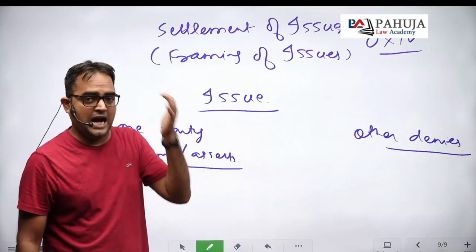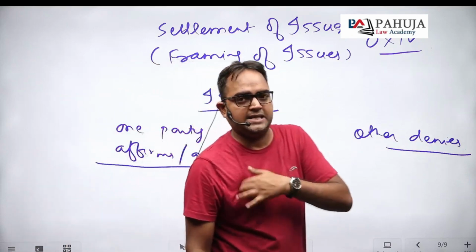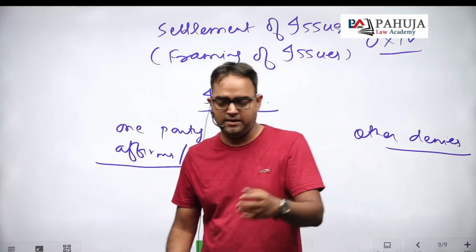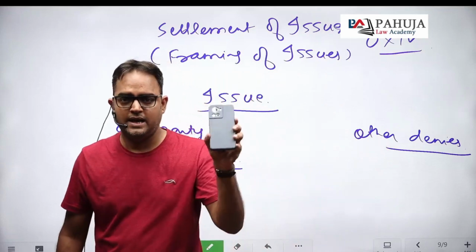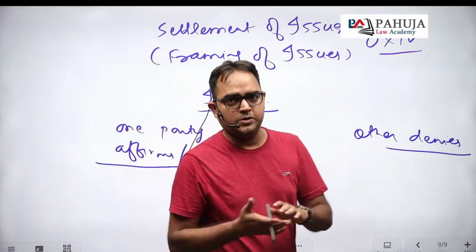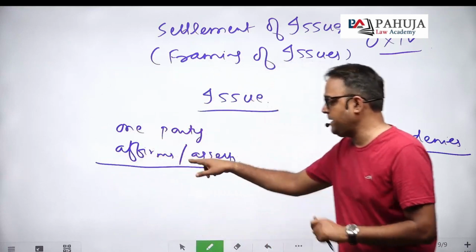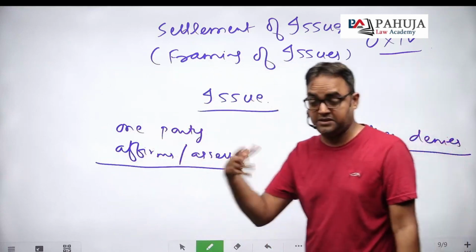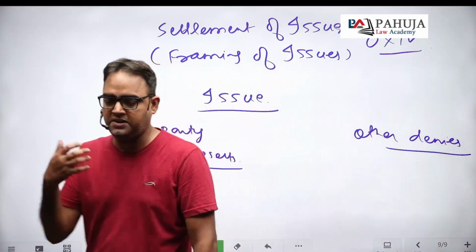Let's say I have a phone and someone comes to me and he says this is my phone, right? Suppose this, I have this phone and someone comes to me and says this is my phone, right? What is that person doing? That person is affirming or asserting something, right? That this is my phone. That's an affirmation or that's an assertion.